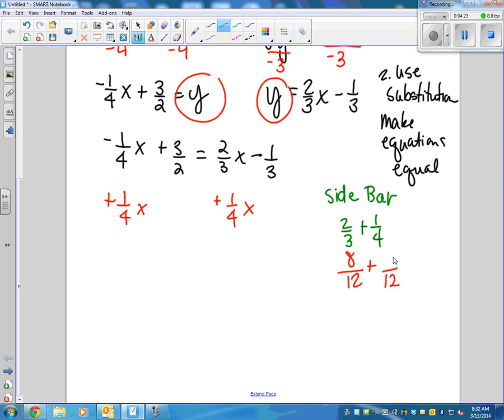You multiply by 3, so it'd be 3/12ths. So if I add 8 plus 3, what do I get? 11/12ths. Good. So now my new equation is going to be 3/2 equals 11/12ths x minus 1/3, right?